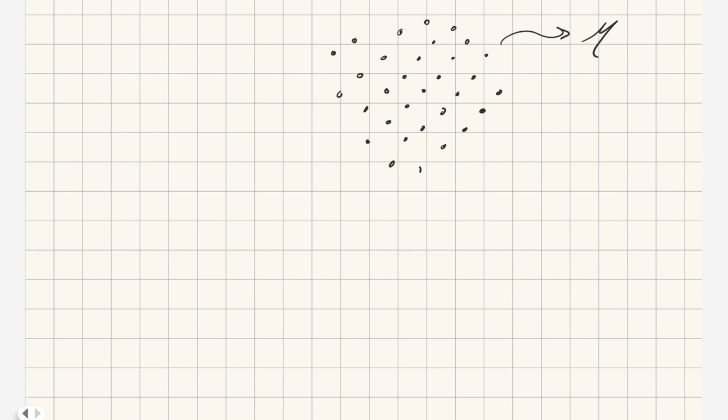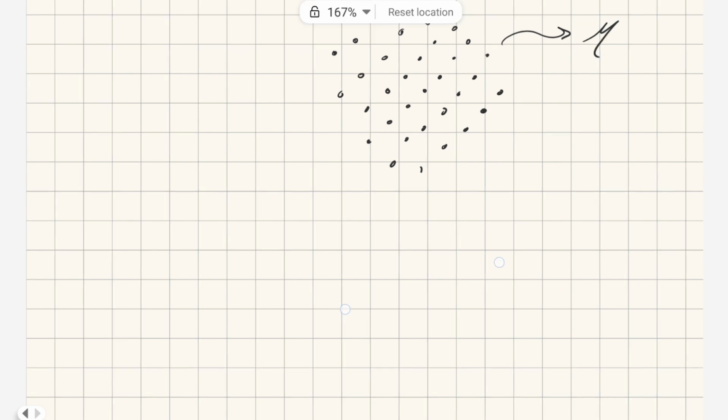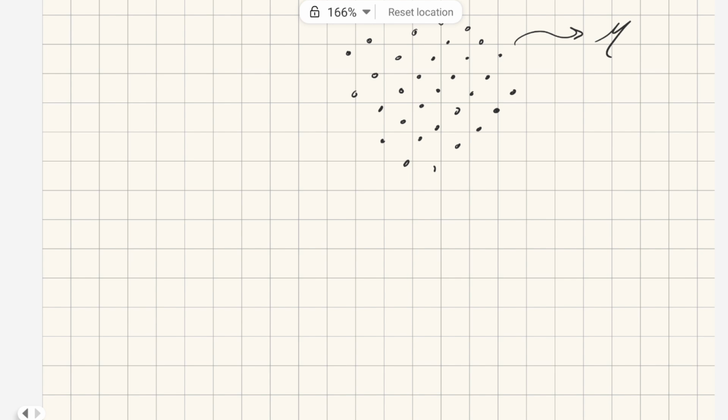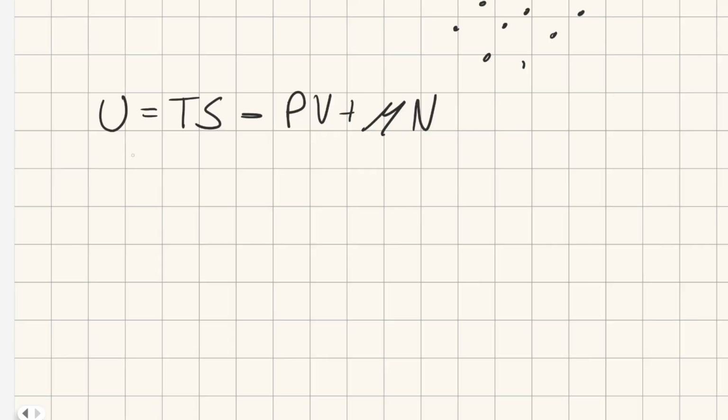Okay, so we are going to start by establishing a very famous equation in thermodynamics, which is the Euler equation that says that the internal energy is equal to the temperature times the entropy minus the pressure times the volume, and then plus the chemical potential times the number of particles of the system. So if we see the internal energy in this manner, we could think that it is a function of 6 variables, right?